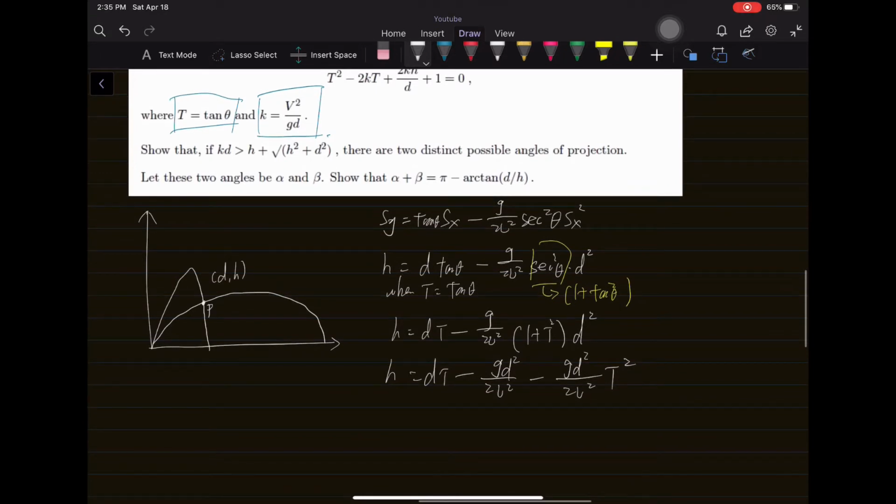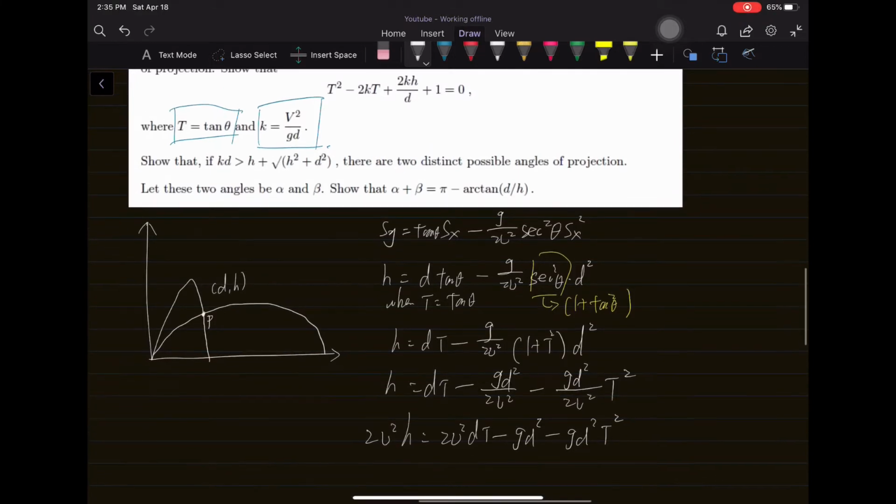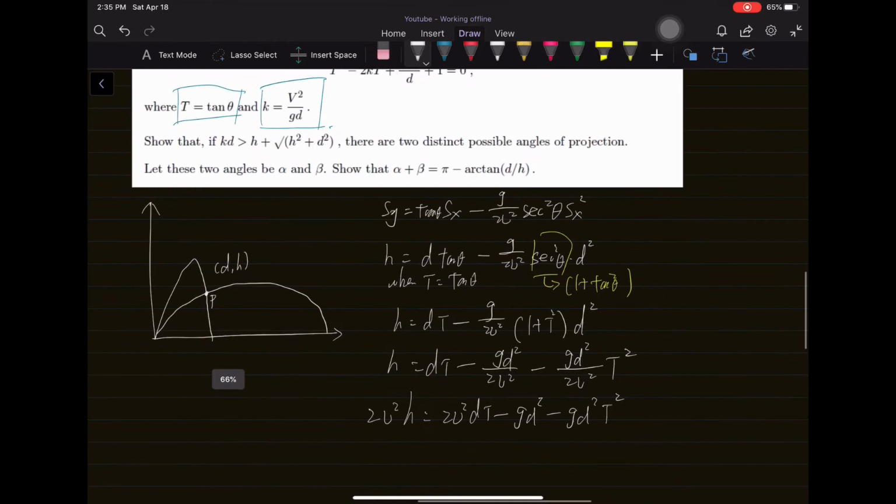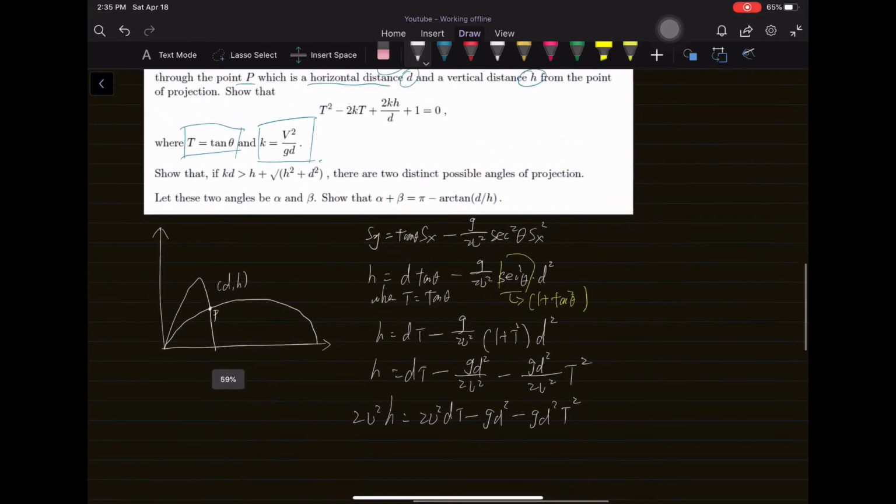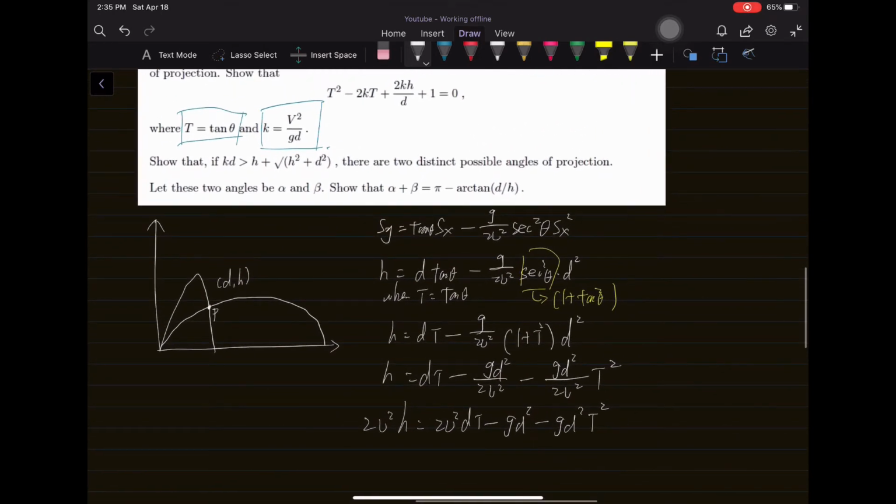Oh, this is so annoying. I do not like this. And it says k equals v squared over gd.